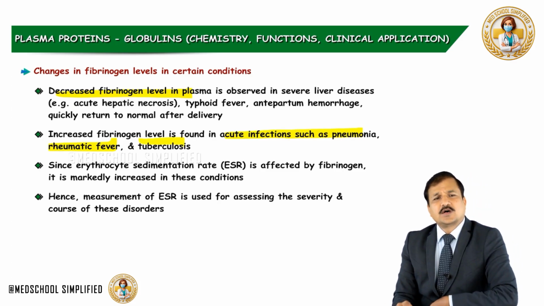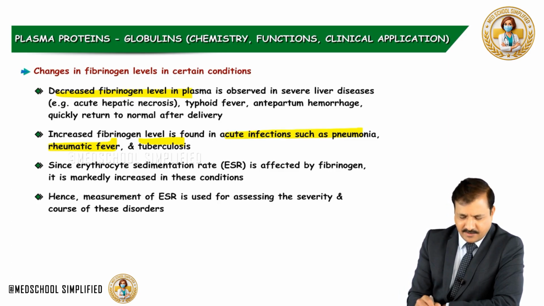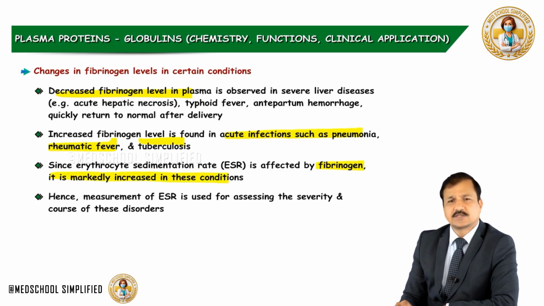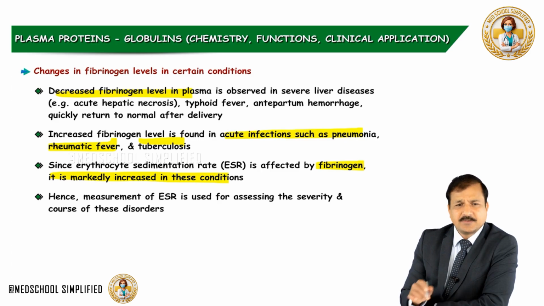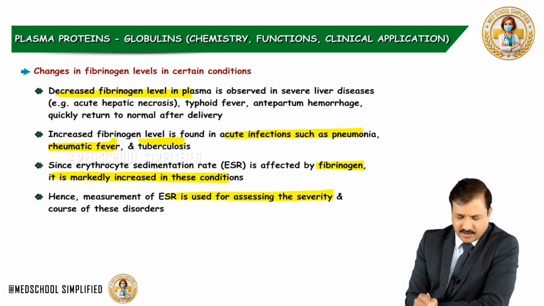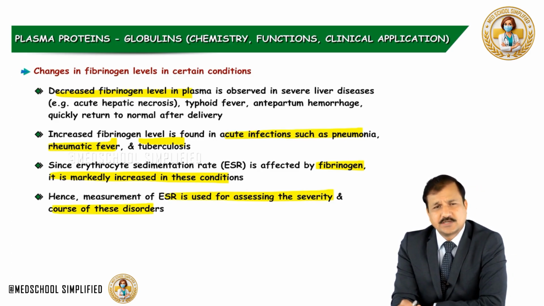Since the erythrocyte sedimentation rate, that is ESR, is affected by fibrinogen, it is markedly increased in these conditions. Hence, measurement of ESR is used for assessing the severity and course of the disorders that are affecting fibrinogen levels.